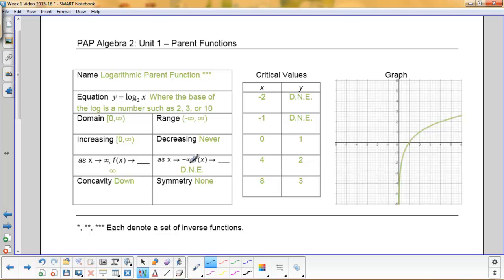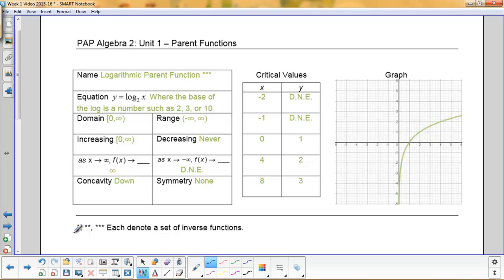Just like the square root parent function, you'll notice you have an end behavior where as x gets very small, y doesn't exist. That's because now we have a vertical asymptote here, which the graph can never cross. Anything beyond that is undefined. Okay, concavity down, no symmetry, and here are some values for this particular parent function.